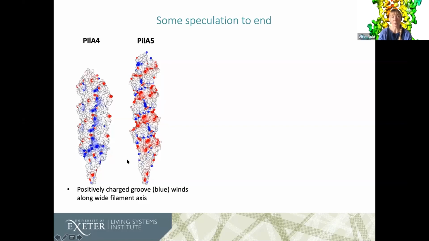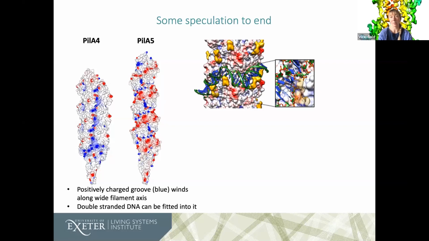To remind you, PIL-A4 is the filament which we think is involved in DNA binding and uptake. And we can dock a double-stranded DNA molecule into this patch of residues, and it conveniently avoids the glycosylation. But as I said, it's pure speculation, and it now remains to be tested. We also, as I mentioned in the introduction, don't really know how this process works.